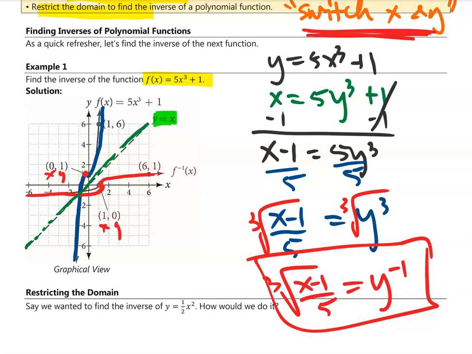You switch x and y, switch 0 and 1, so that's why you have (1, 0). Same thing here. If you have (1, 6), this is your x, y, switch x and y, that's why you have now (6, 1). So those are the inverses.